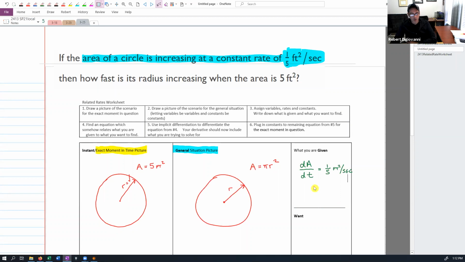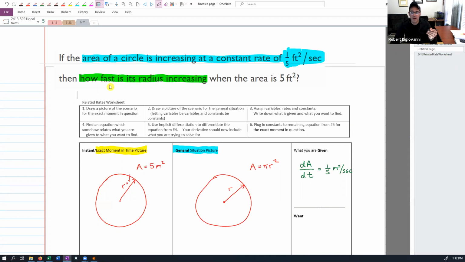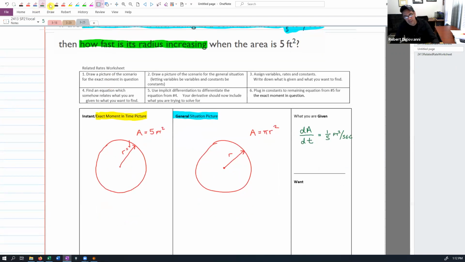What do we want to know? How fast the radius is increasing. We want to know the speed of the radius, don't we? The speed of the radius means the rate of change of the radius, which again means we are looking for a derivative. The speed of what?